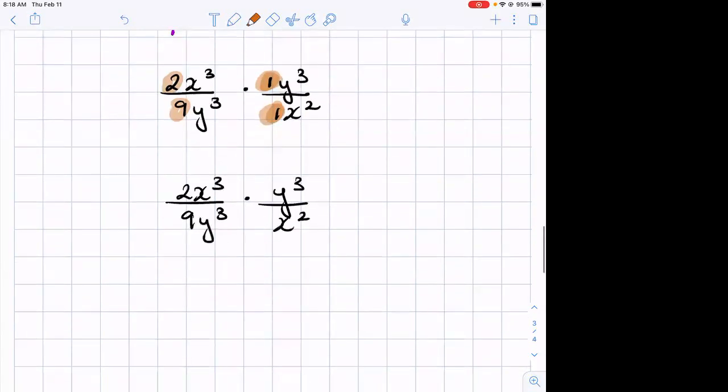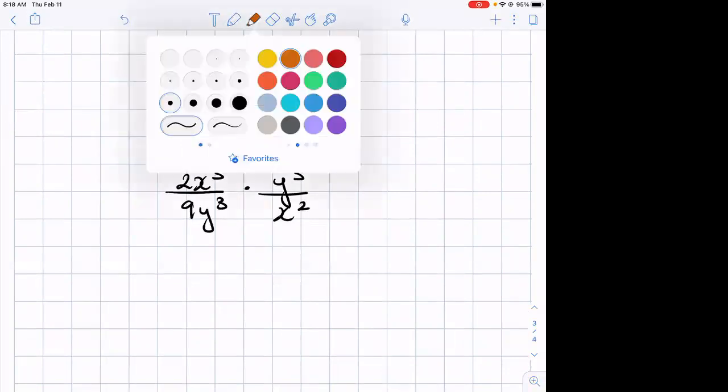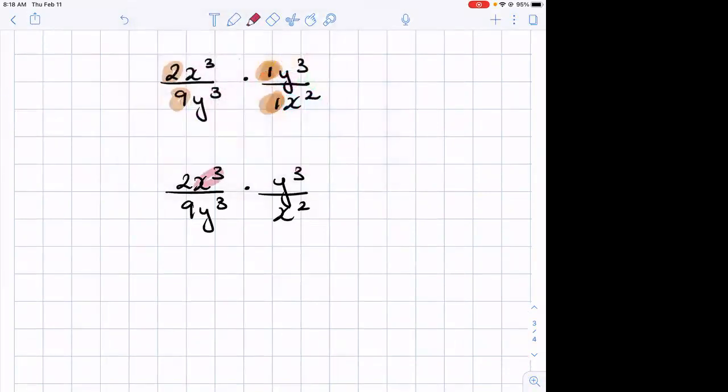Now let's look at the letters. Remember, when we're dividing, if the bases are the same, they can be simplified. So I can simplify this x cubed with this x squared, any top with any bottom.